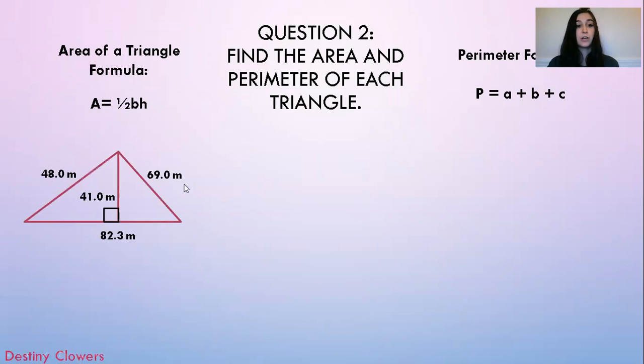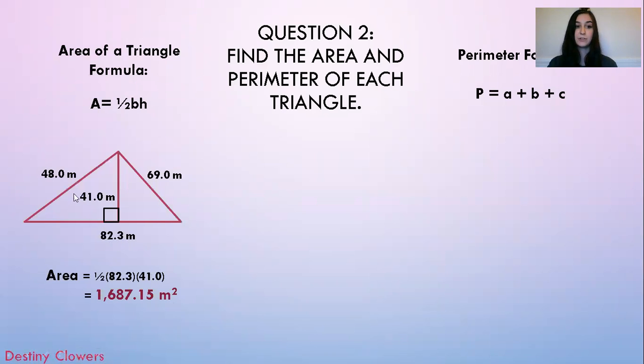In order to solve for the area, we're going to do 1/2 times our base, which is 82.3, times our height, which is 41.0. And when we do that, we get 1,687.15 meters squared. Now, in order to find the perimeter, we're just going to add up all 3 sides.